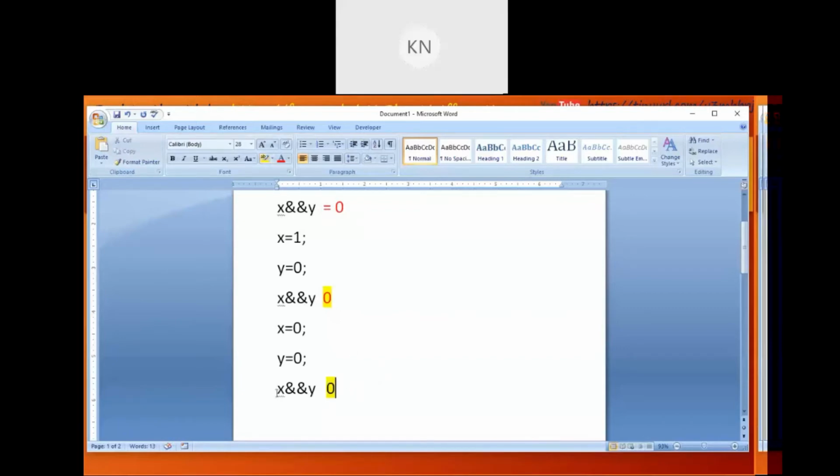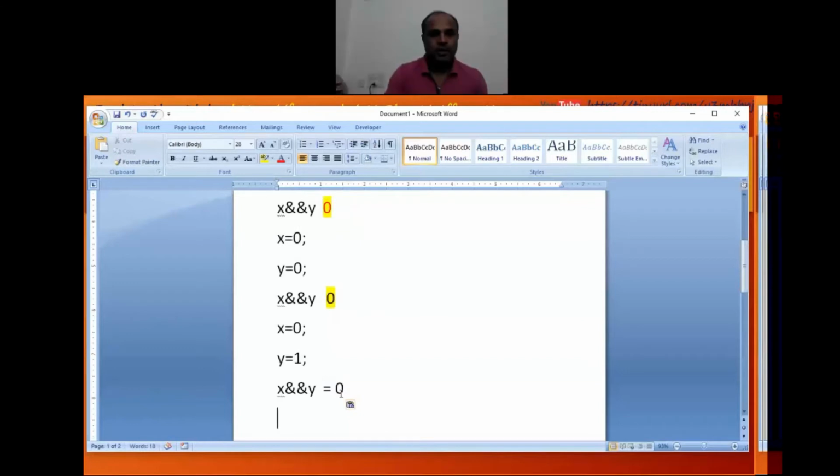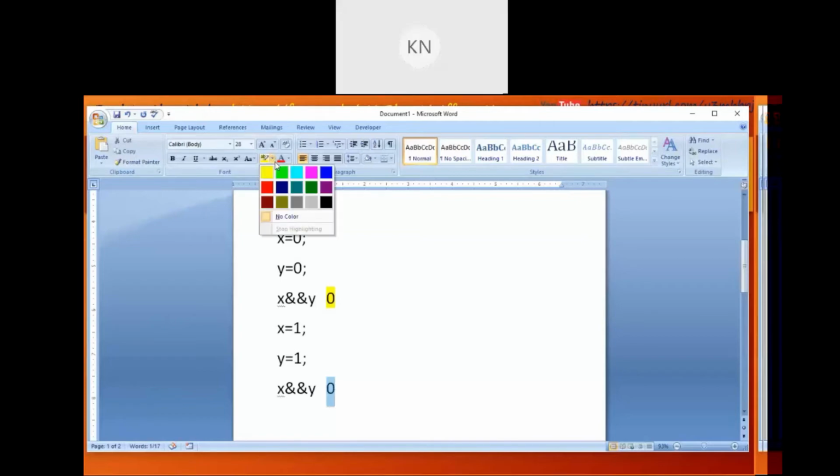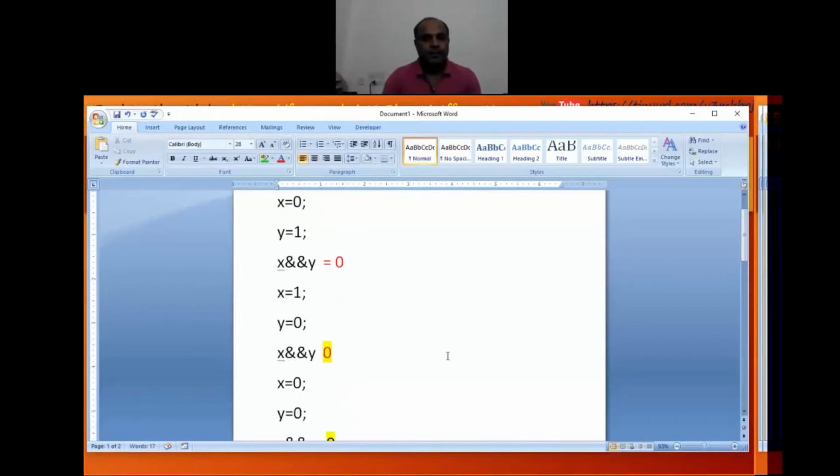This equation evaluates to 0. Good going in the beginning today. Then we have both 1. Then the answer is 1.